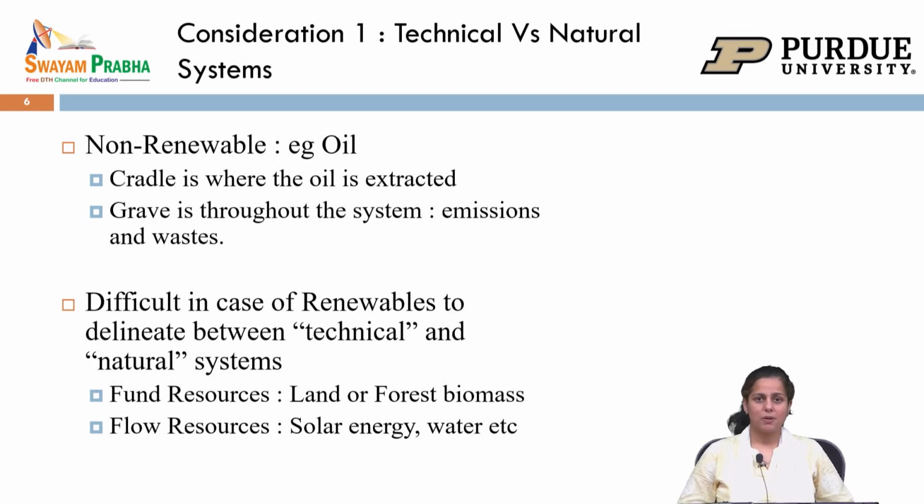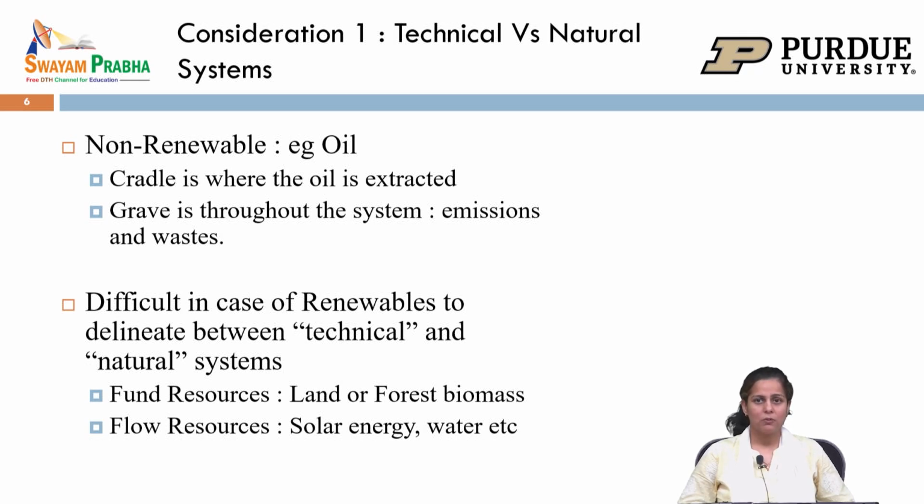When we are thinking about renewable resources, it becomes a little challenging to delineate between the natural and technical system, because we have a constant flow of services from the ecological system. We will later on in the course also go through the ecologically based life cycle assessment that expands the system boundary to include ecosystems.